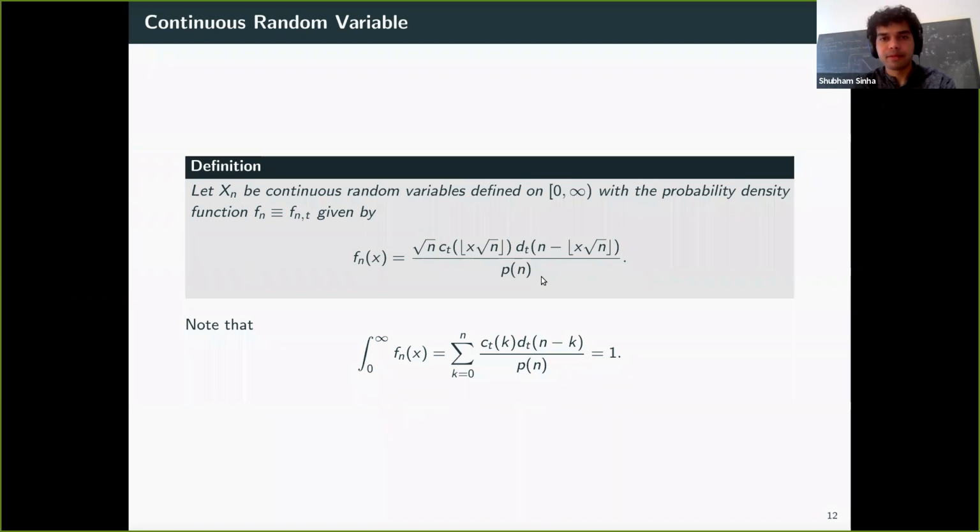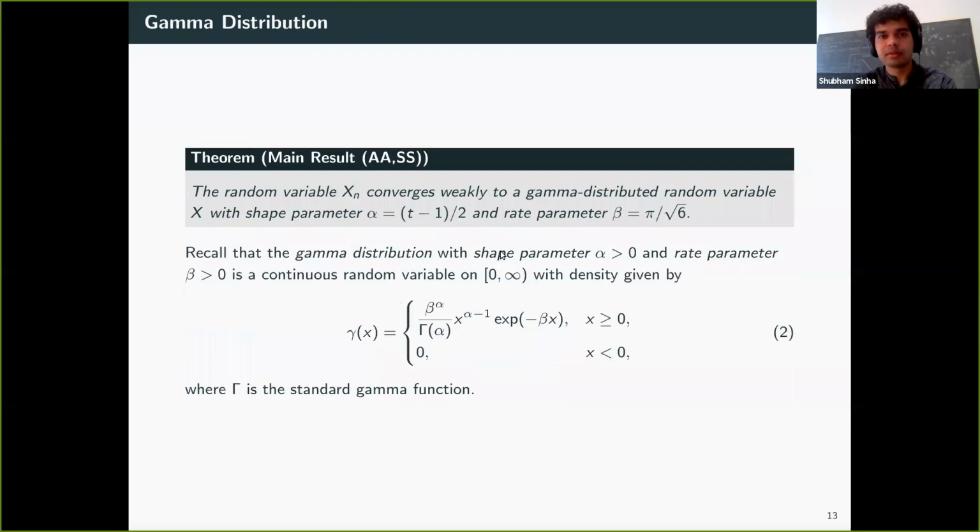Once you scale this, what we see is that this random variable X_n converges weakly to the gamma distribution random variable with shape parameter alpha and rate parameter beta.